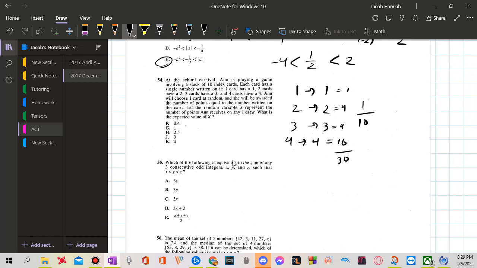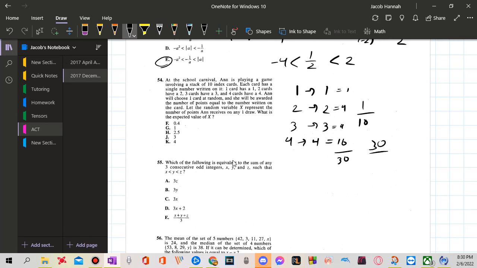So this is 30 points total. If the total number of points in the cards is 30 and you only pick 1 card at random, on average you should get 3 points.